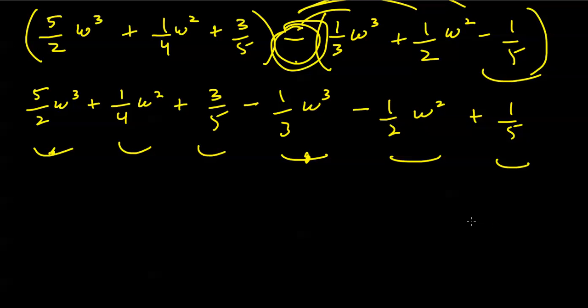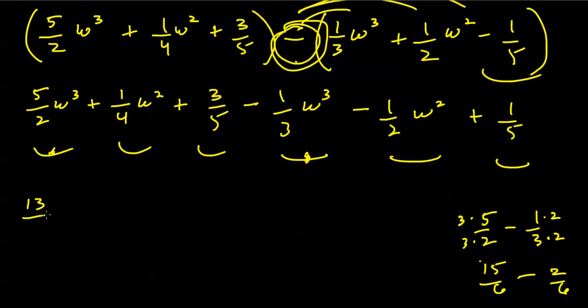I'm going to have to add or subtract those coefficients as indicated. 5/2 minus 1/3. Well, if I get a common denominator, multiplying top and bottom here by 3, I get 15/6 minus, of course I'll multiply top and bottom here by 2, minus 2/6, and I get 13/6 times w cubed.